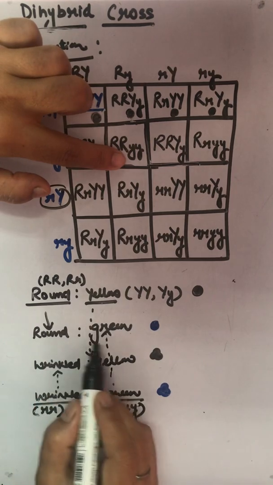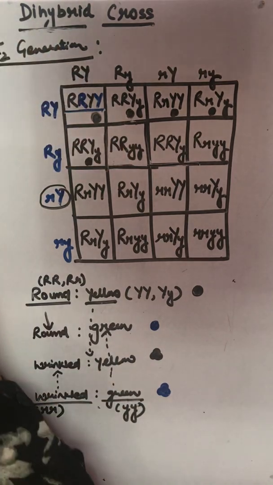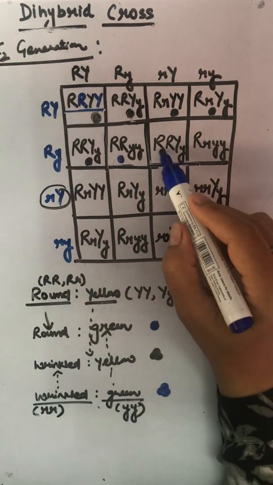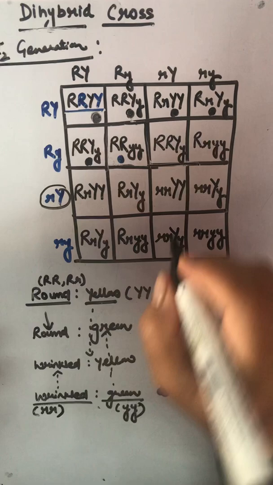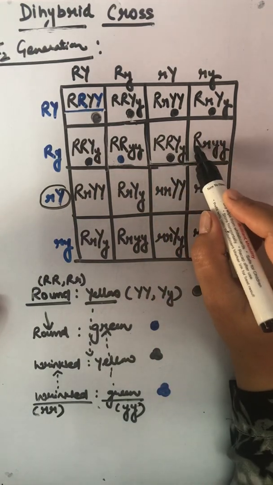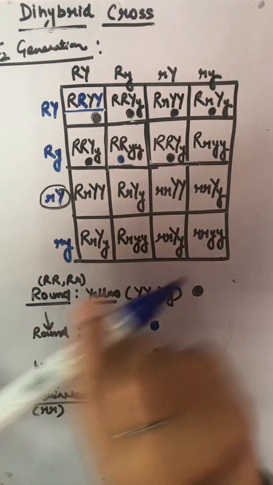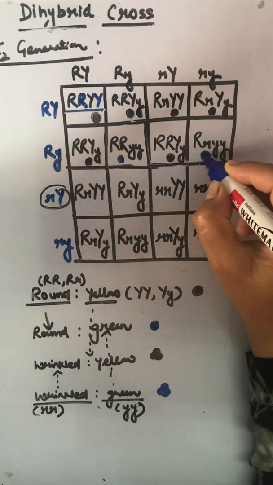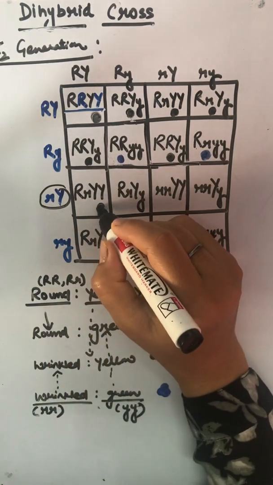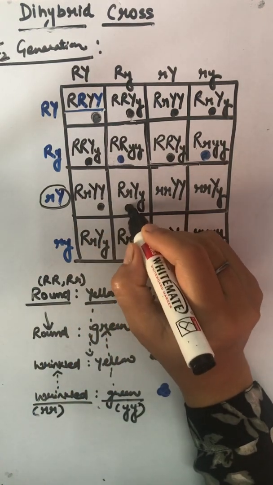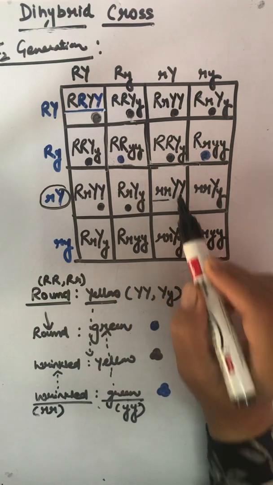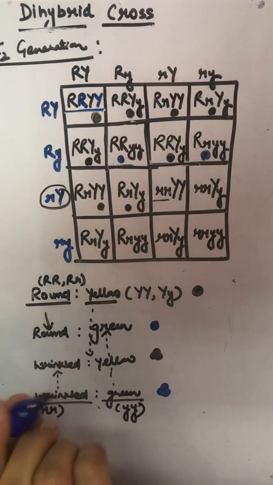It means it's round and green. For round and green we have the blue color. This is again round and yellow because it has one capital R and one capital Y. This is again round, but it is green. So I'm going to give a color code of blue dot. Round and yellow. One capital, round and yellow. This is the wrinkled condition and this is yellow. For wrinkled yellow, we have this.